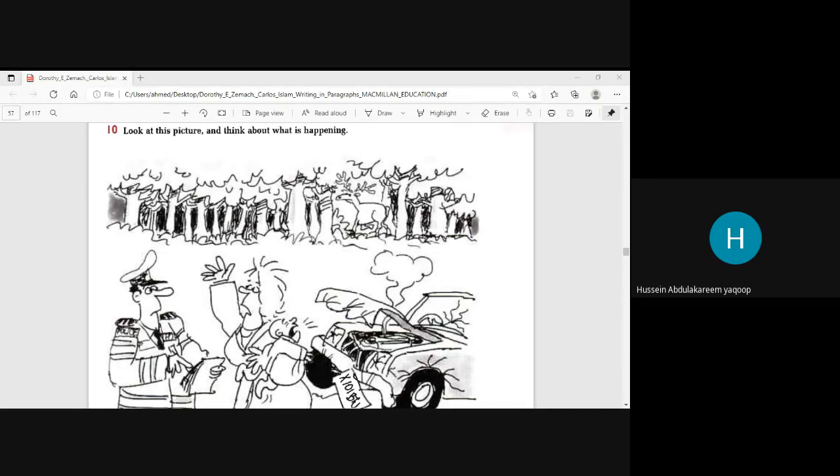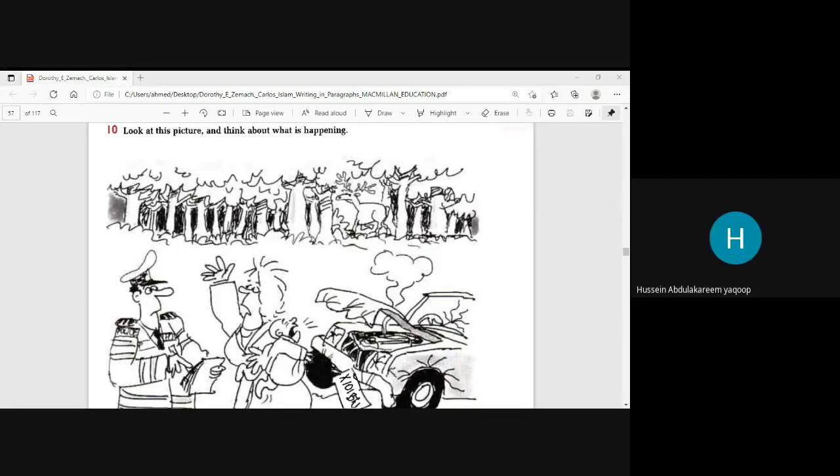Kauthar Nisham, you are the last speaker. Yes. Go ahead. There is a traffic accident, and the police officer is writing a ticket or fine to the driver, and it looks like he is upset, maybe because she is driving with the child or speeding on the street.